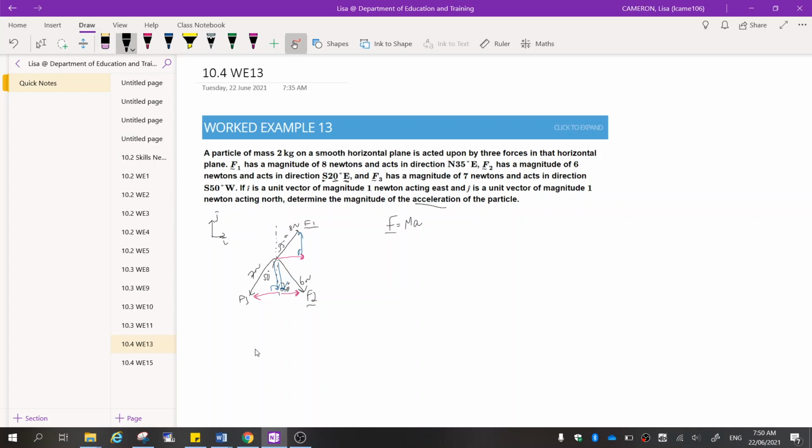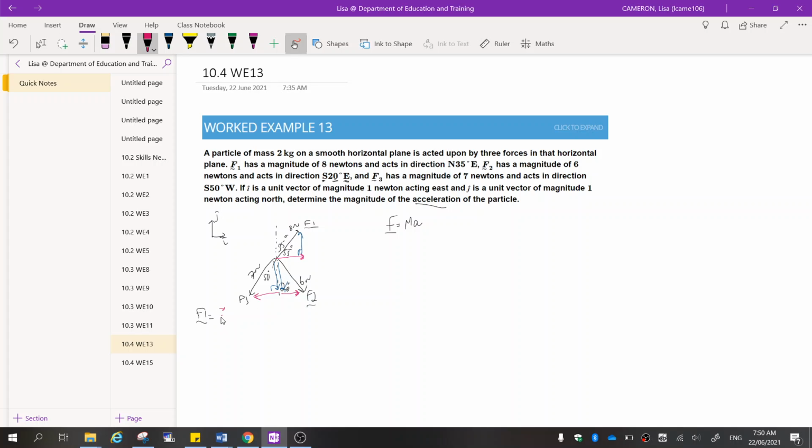Okay, so let's go. Force 1. That's my angle there. If that's 35 degrees, then the angle that makes up in here is 90 minus 35, which is going to make this 55 degrees. Okay, so F1 is going to be equal to, now it's going to be traveling in the i direction. It is positive in that direction.